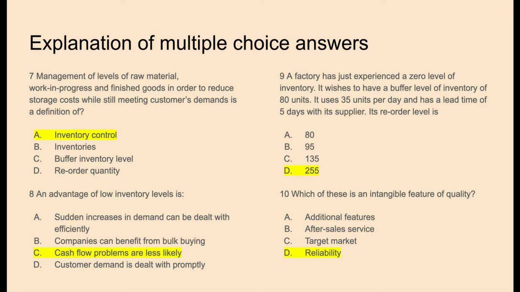It's an intangible feature. Essentially, you can't measure it, but actually, you can measure it to a degree, but it's not something that you can actually use as a product feature as such, other than to say that if we've got a high quality design and build in our product, then that's going to mean that we're going to have a more reliable product too. Okay, so let's move on.